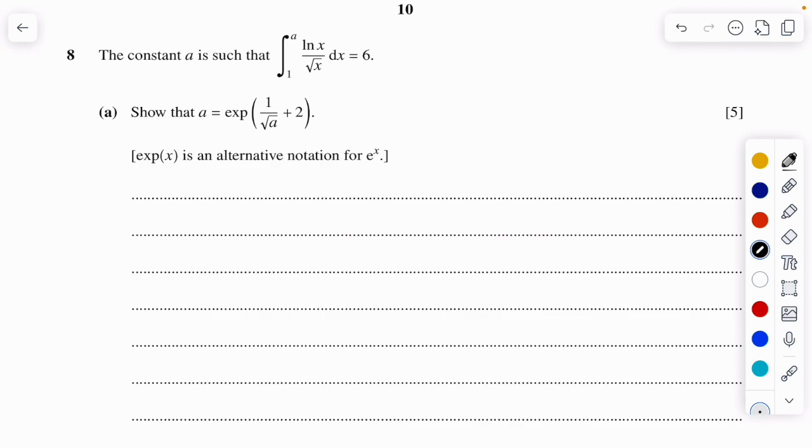The way we go about doing this is we're going to say: let u equal ln x. If u equals ln x, we can therefore say that du is 1 over x dx.